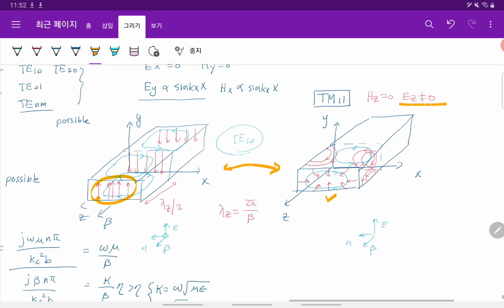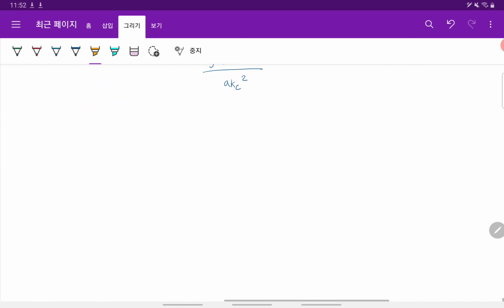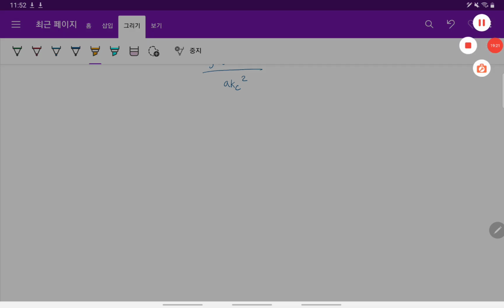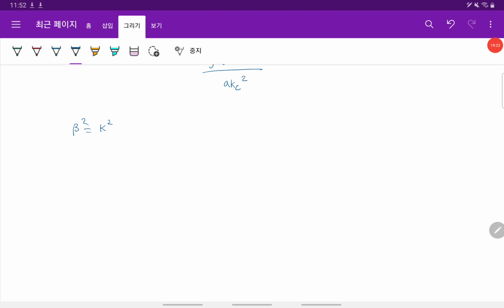Okay, and then finally, one thing that I want to cover is this one for your understanding. We have this relationship for the rectangular waveguide, right?